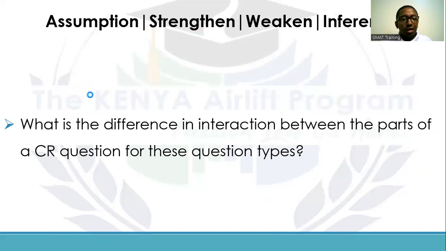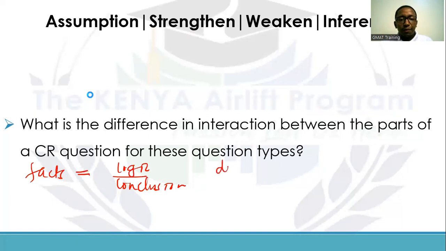So we said you have a set of facts, then these parts are up to you: drawing the logic and the conclusion. Back to our example, we have dogs are mammals, and we have the answer options.